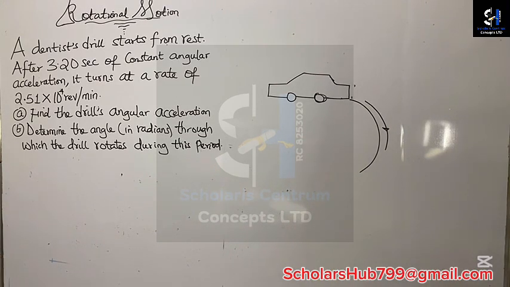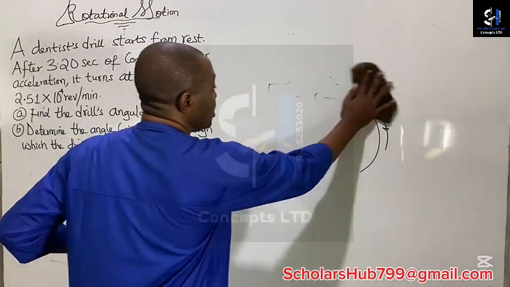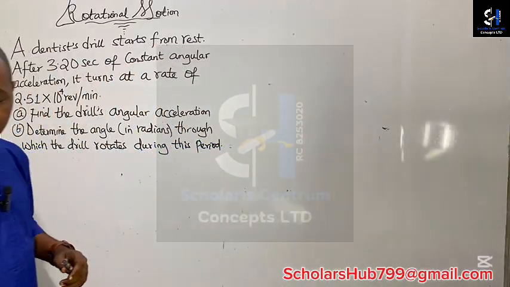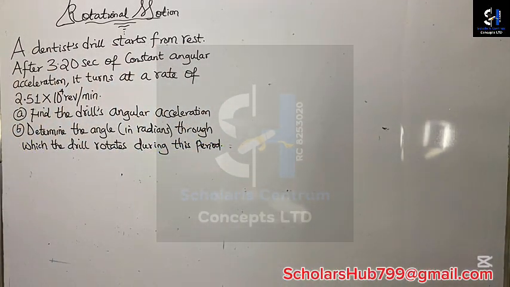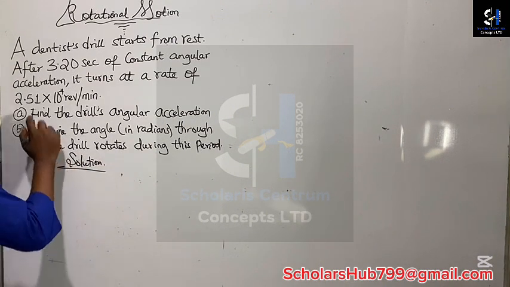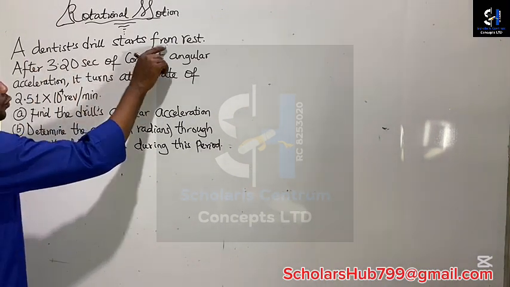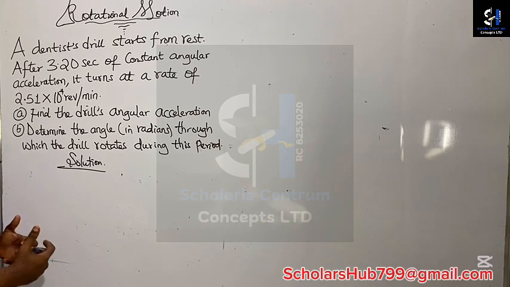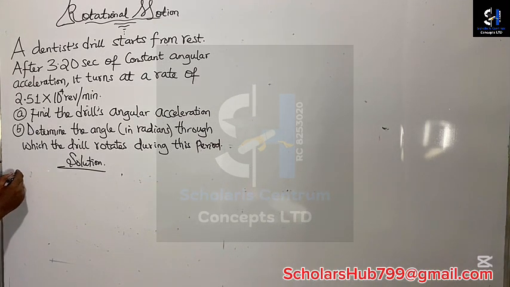Now, to be able to calculate the drill's angular acceleration, this is very important. We have in the question that a dentist drill starts from rest. When we say it starts from rest, it means the drill's initial angular speed will be 0.